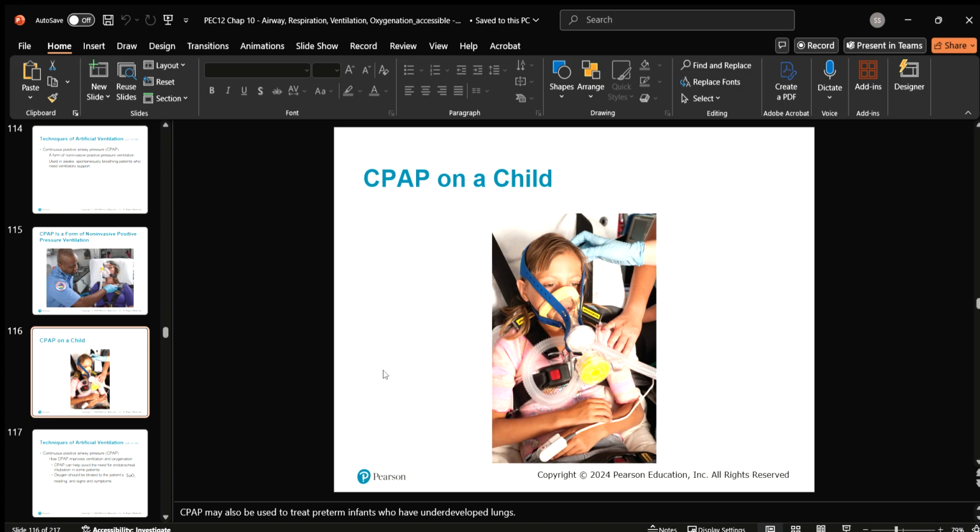One of the reasons to definitely put a CPAP on a patient, assuming they meet all the indications, is if they have that drained and tired look. They are going to be crashing. They're going to get worse and worse unless we start doing something for them. Maybe we don't have to ventilate for them, but a CPAP is going to be a good idea here.